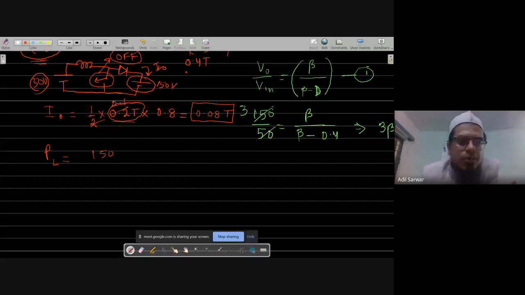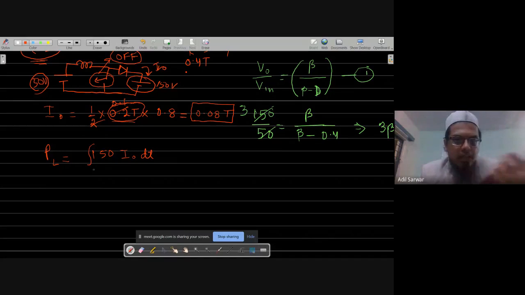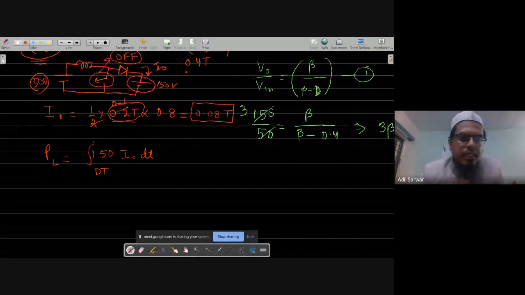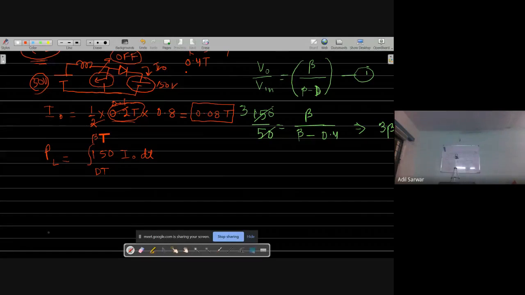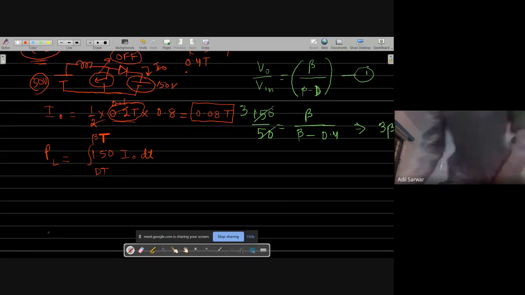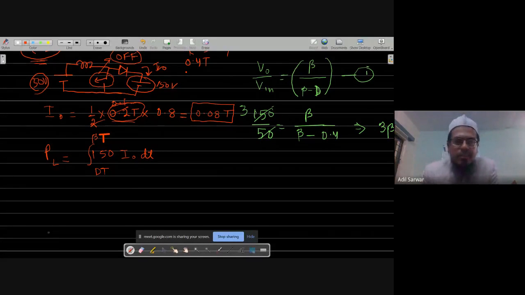150 into the output current, and the output current for the interval from dt to beta t. Just wait 1 minute. Okay, there was some disturbance. So okay, so 150 into integration from dt to beta t of I naught dt.